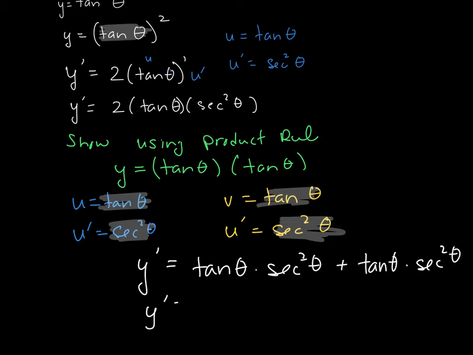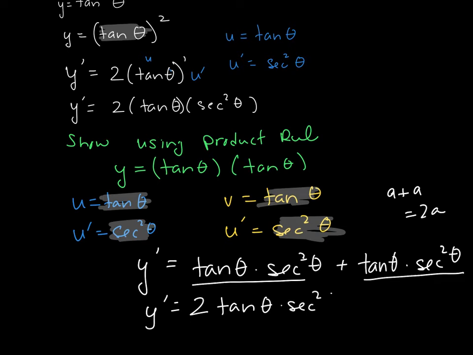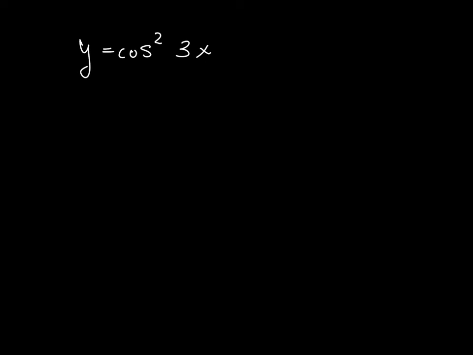And just as if I had a plus a anywhere, you would have 2a. I have one of these. I have another tangent, so that tells me this is equal to 2 of the tangent theta times the secant squared of theta. All right, so let's go ahead and try this one.